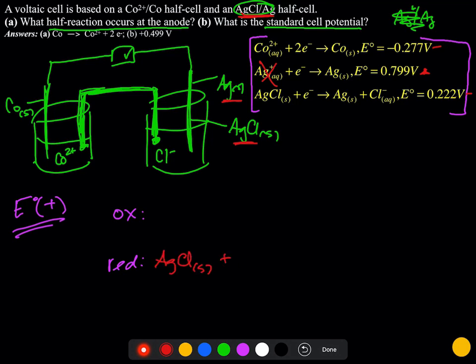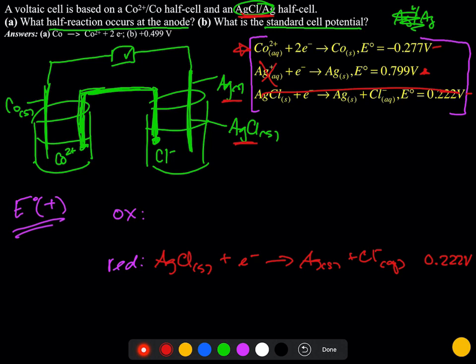So AgCl solid plus electron gives us Ag solid plus chloride ion aqueous, and that's got an E0 value of 0.222 volts. Now we need to figure out my oxidation. If I've already used this one and this is not an option, then that must be my oxidation reaction.